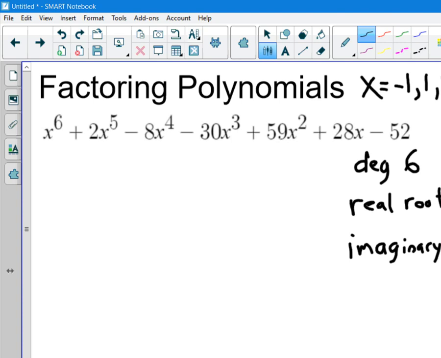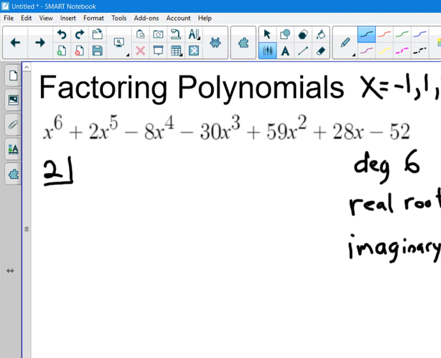So I'm going to set up a synthetic division. I like to use the largest magnitude number, regardless of if it's positive or negative, which is overall the largest number. And in this case, both times it's going to be 2. So let me start with those first.